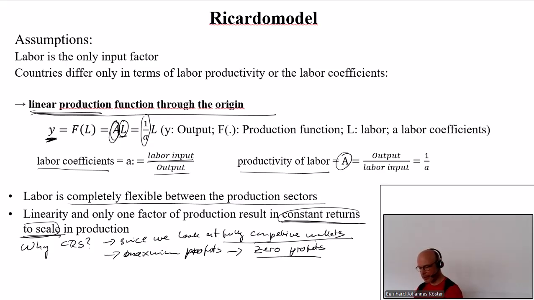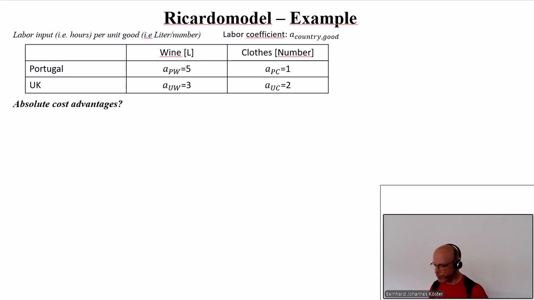So this is the reason why we use a linear function if we have only one production input. Okay, that's for this. And then we want to start with our small example. We look at two countries and we assume that the labor coefficients are given.